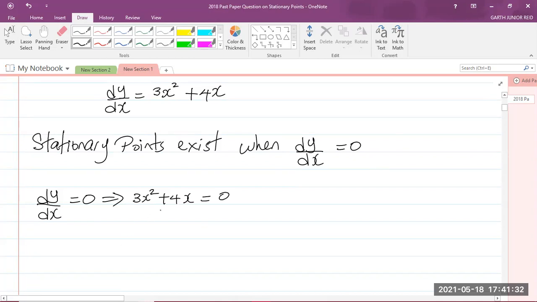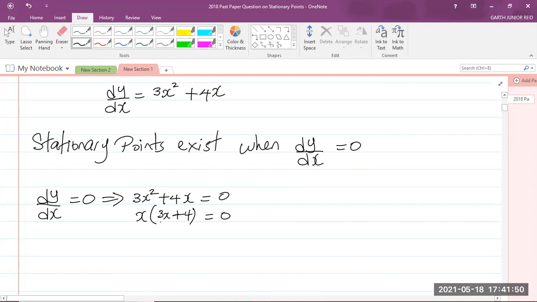I recognize that x is a common factor in both of the terms. So when I factor out the x, I will have x times 3x plus 4 in brackets, and that is equal to 0.